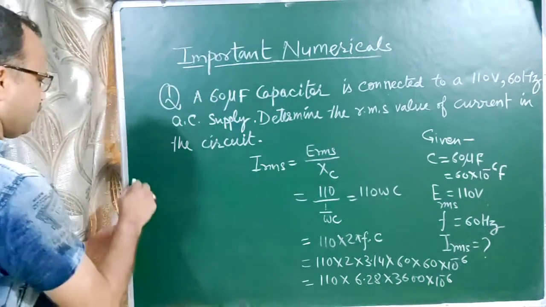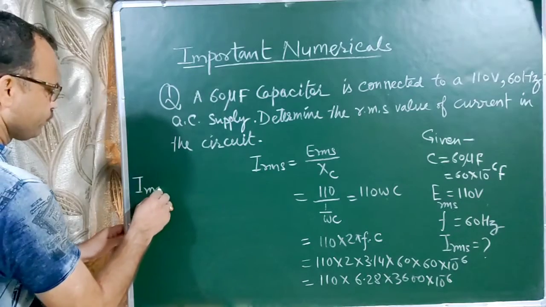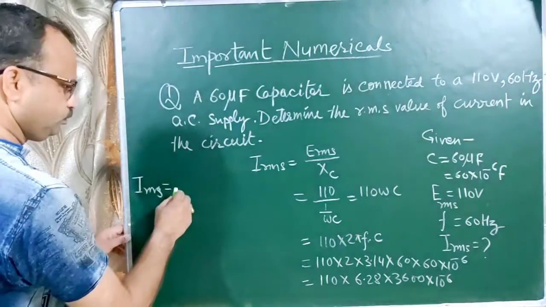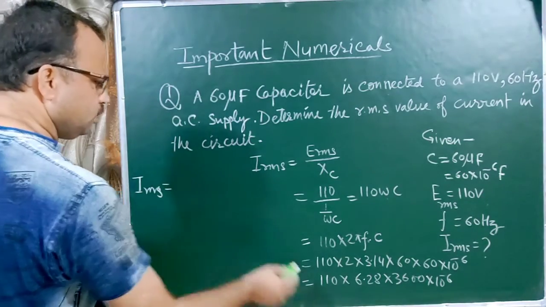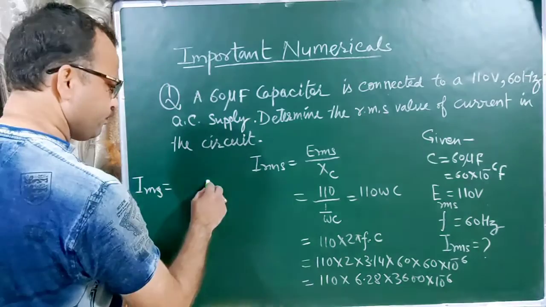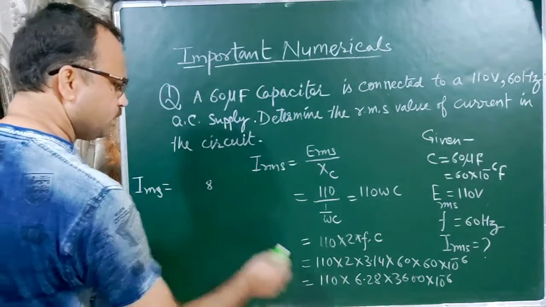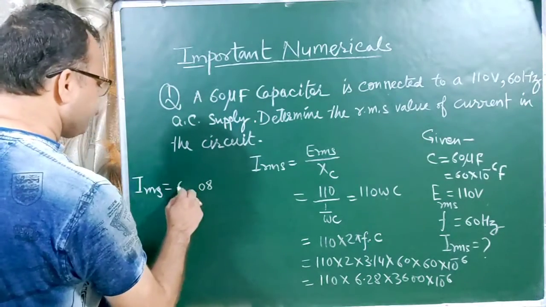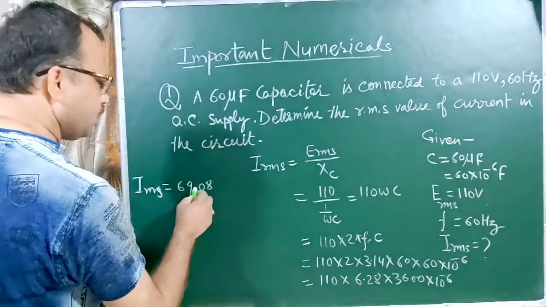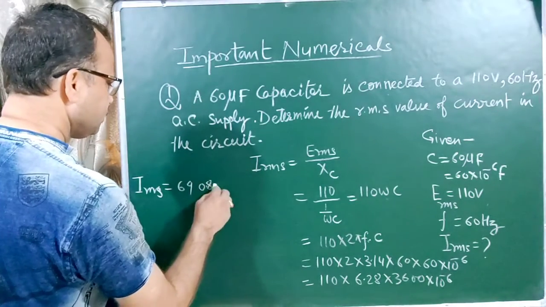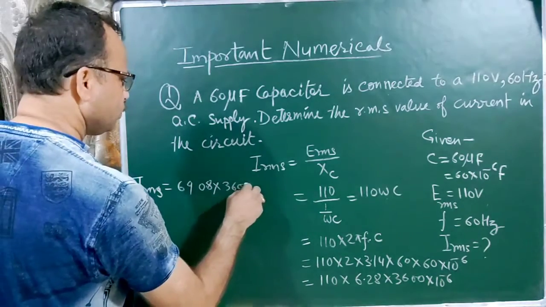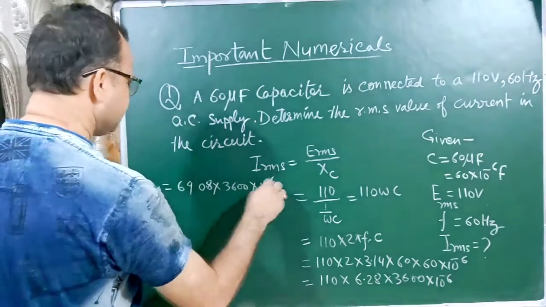So 110 into 6.28 into 3600 into 10 raised to power minus 6.